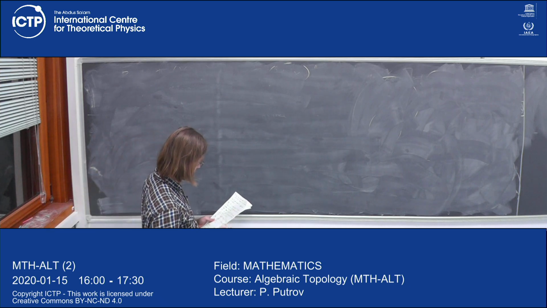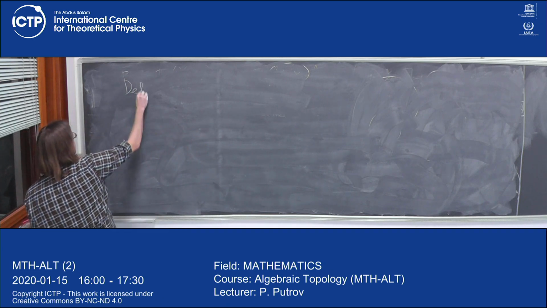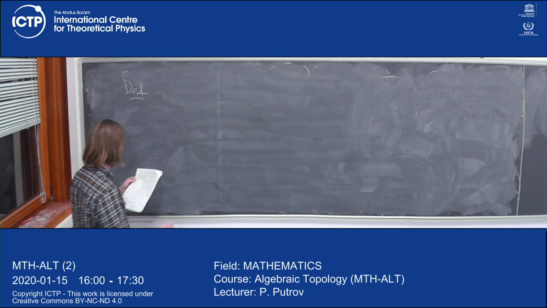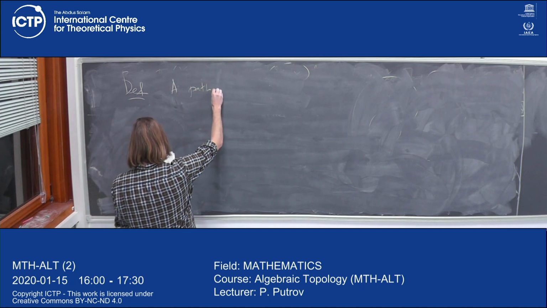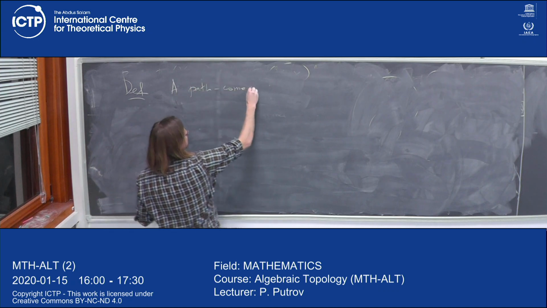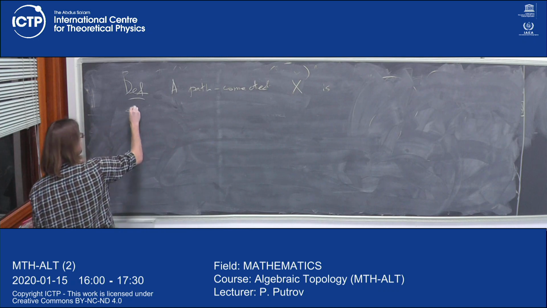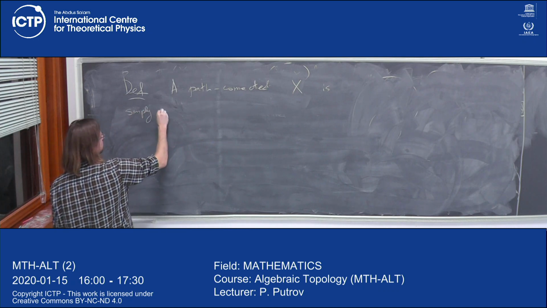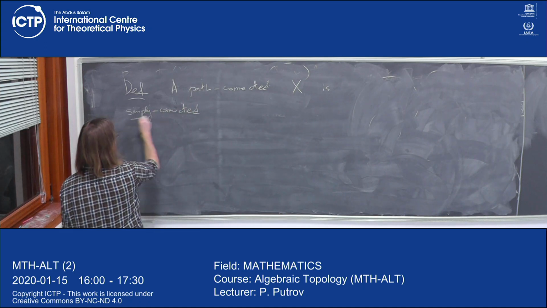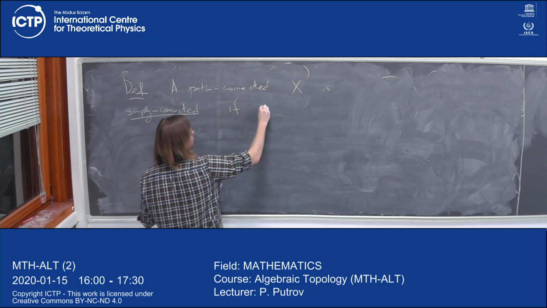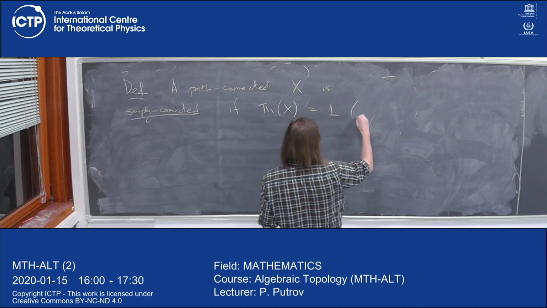Just a last point before we end, the following definition: a path connected space X is simply connected if pi 1 is 1, I mean, it's a trivial group.